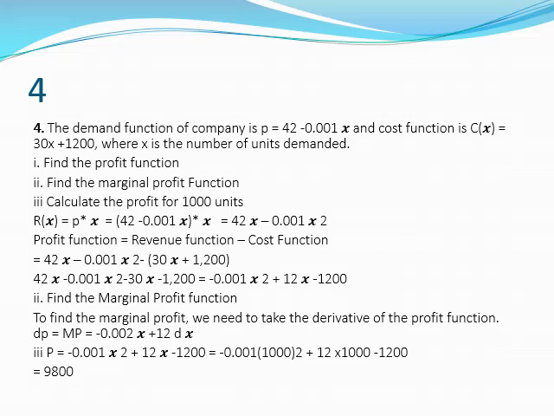The profit function is the revenue function minus the cost function, and the result is negative 0.1x power 2 plus 12x minus 1200. The marginal profit function is the differentiation of the profit function, so it equals negative 0.2x plus 12.